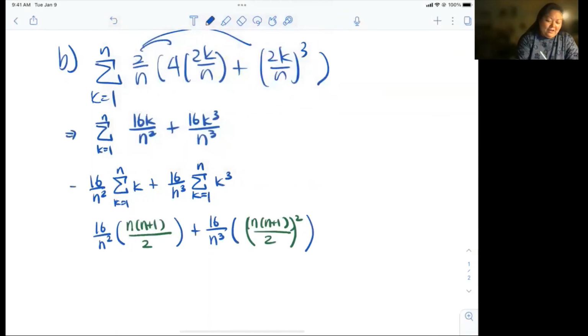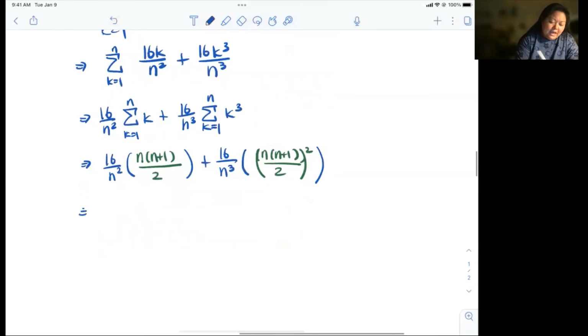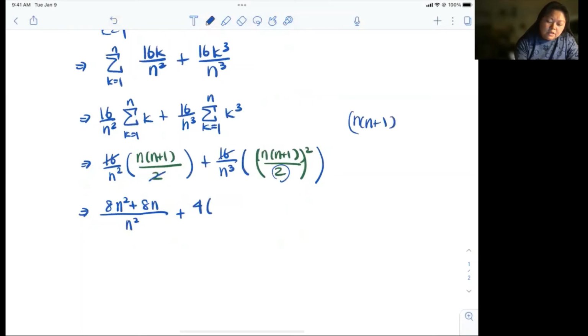Okay, all right, so now let's clean this up. I have 2 go into 16 8 times, 8n squared plus 8n all over n squared, plus, remember, 2 squared goes into 16 4 times n times n plus 1 squared.